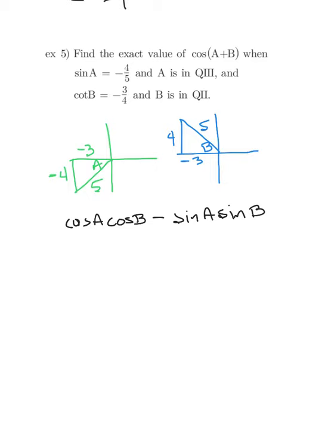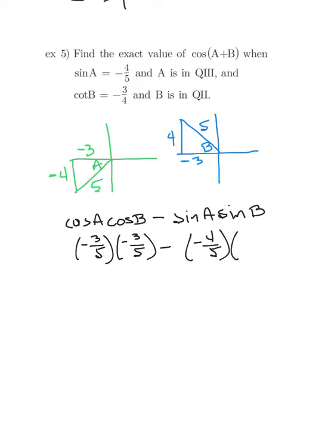So we are going to go back to angle A and look for what the cosine would be. The cosine would be -3/5, x over r. The cosine of angle B, if we do x over r, will be also -3/5, minus the sine of angle A we were given, that's -4/5.